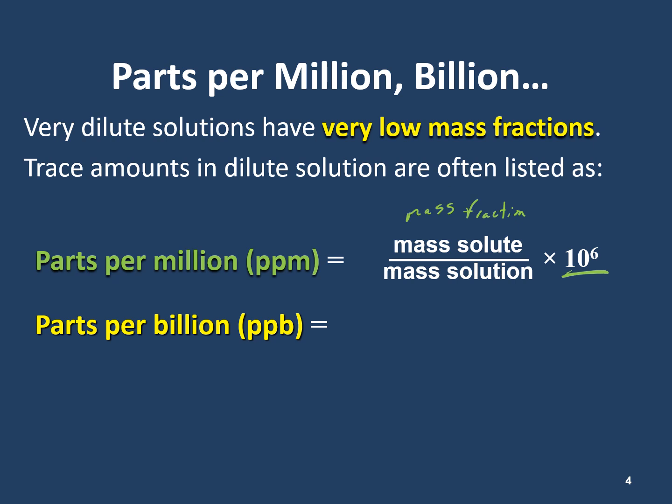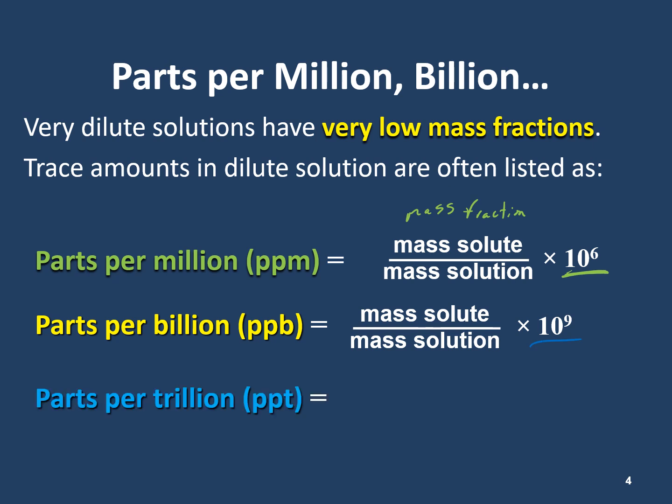Parts per billion is going to be our mass fraction again, times, this time, a billion. And parts per trillion is going to be our mass fraction times a trillion, which is 10 to the 12. You should know their symbols, ppm, ppb, ppt, are our different symbols for these units. And if you have any questions, always just feel free to ask.